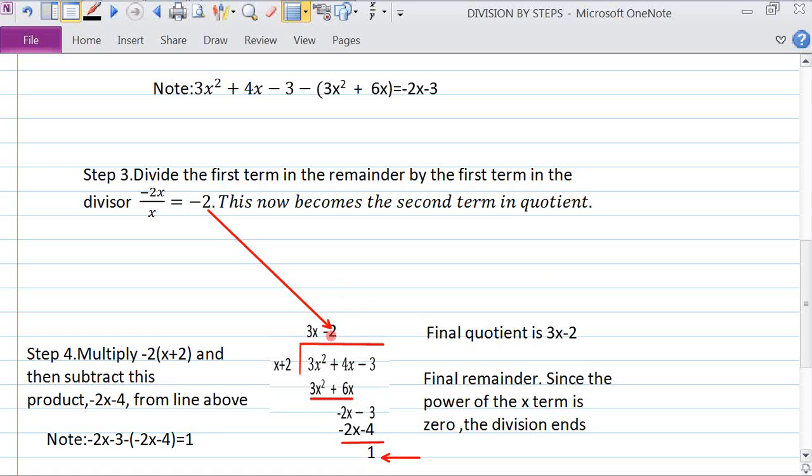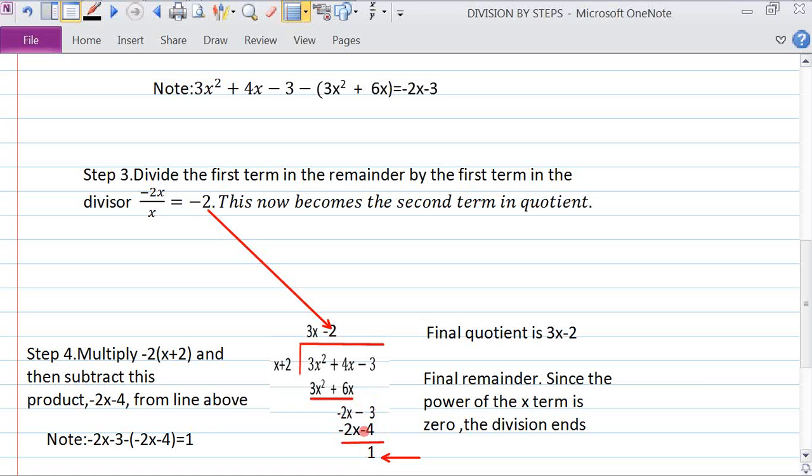And then, as you would expect, we're going to multiply minus 2 times x plus 2, and then subtract this from the line above. So minus 2 times x plus 2 gives us minus 2x minus 4, and minus 2x minus minus 2x gives us 0.